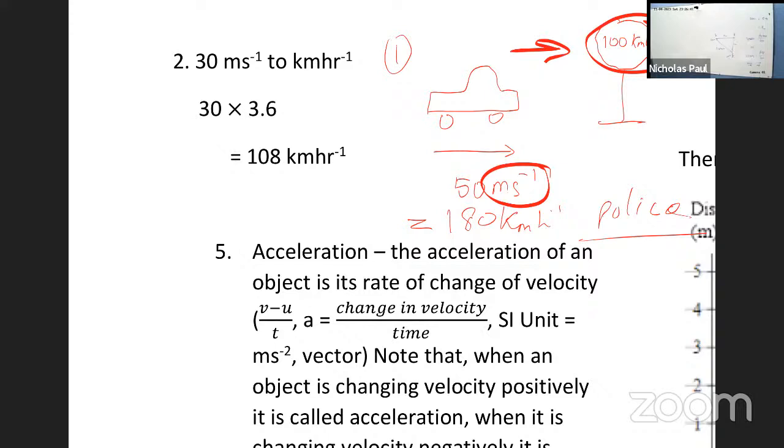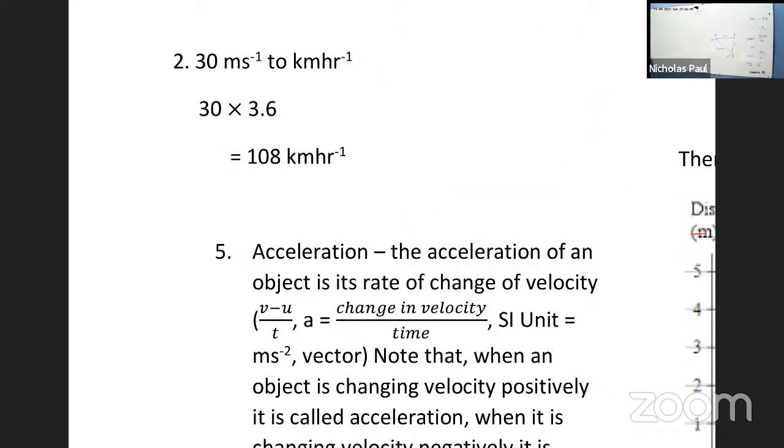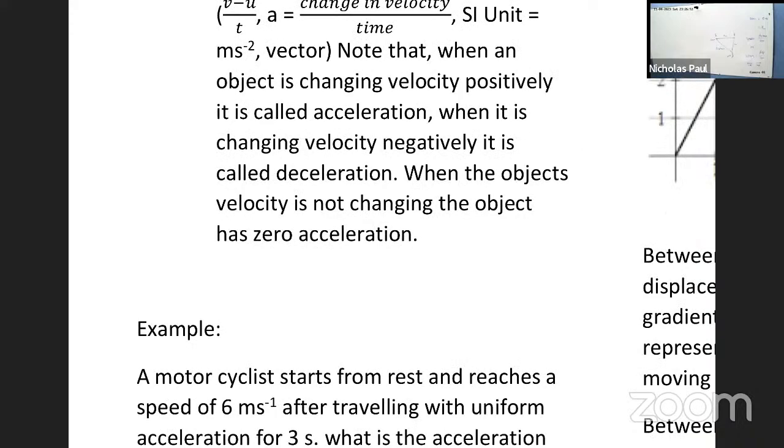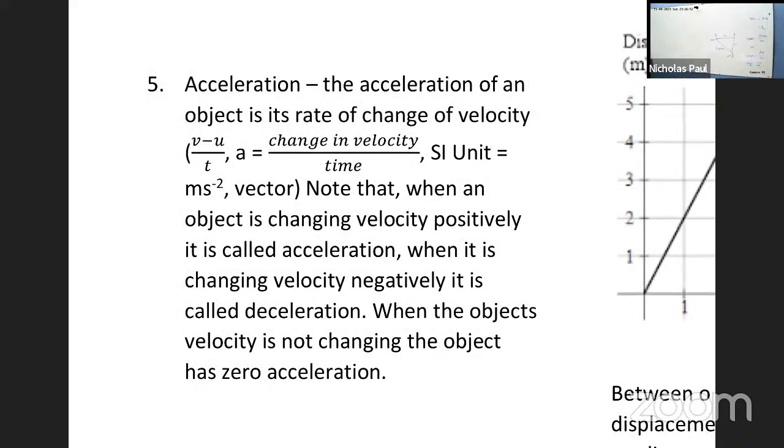All right, there's a next quantity that we need to learn. It's called acceleration. What is acceleration? Acceleration is the rate of change of velocity. So you're basically measuring how an object's velocity is changing with time. Changing velocity means final velocity minus initial velocity, all over time.